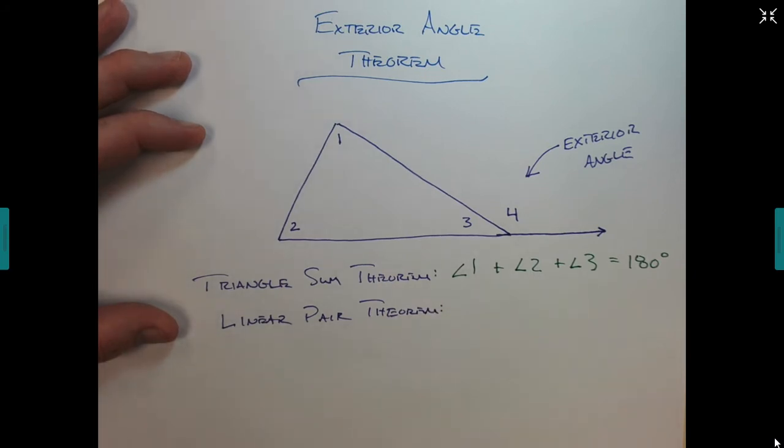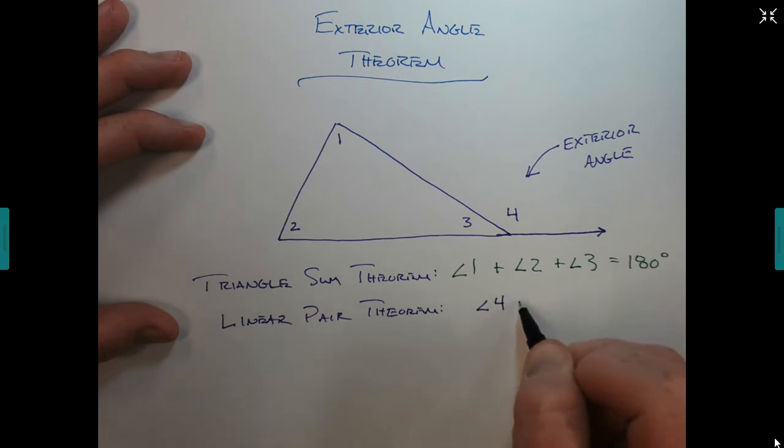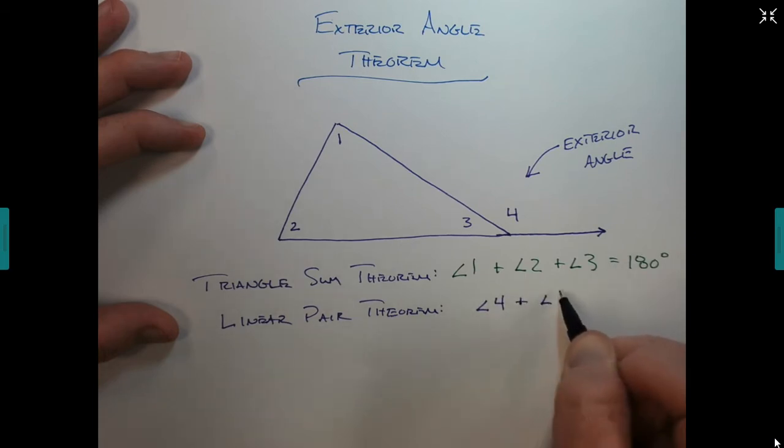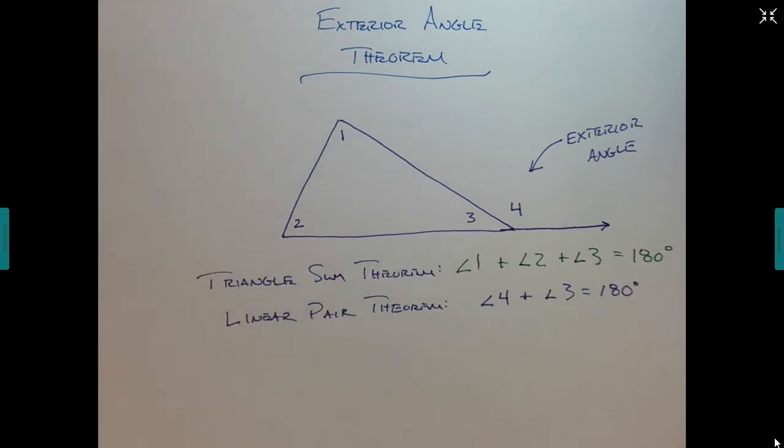With the linear pair theorem, I know that angle 4 plus angle 3 has to equal 180 degrees also.